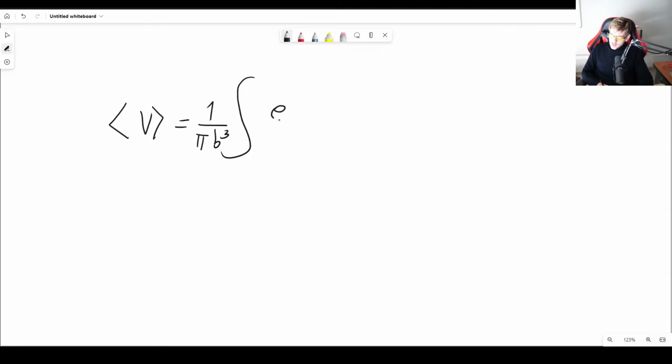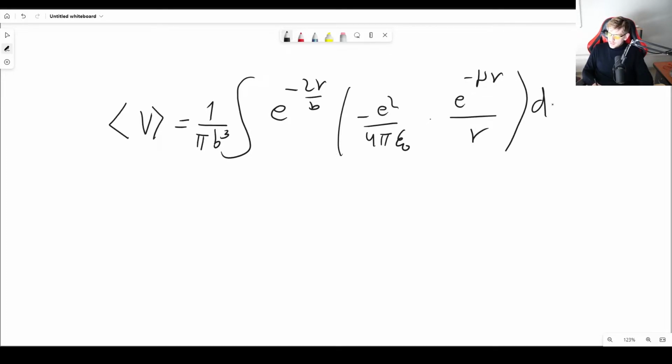And we have e to the minus 2 mu r over b. Then we have our potential, which is minus e squared over 4 pi epsilon 0 times e to the minus mu r over r, and d r cubed.